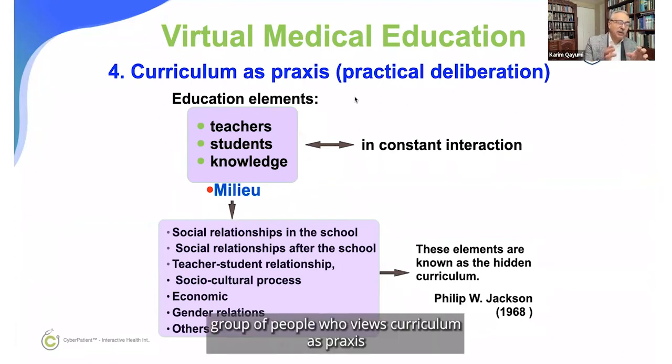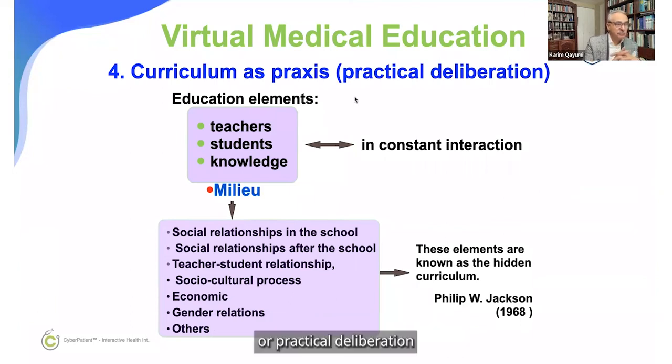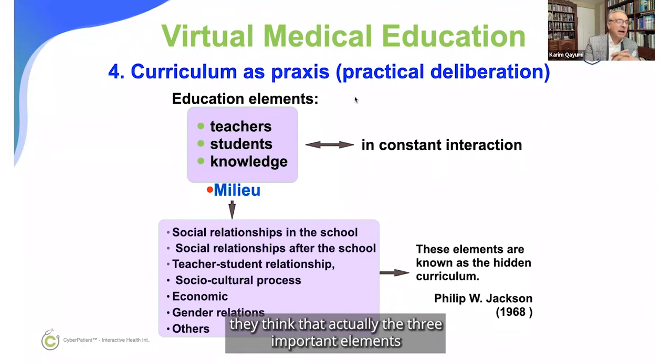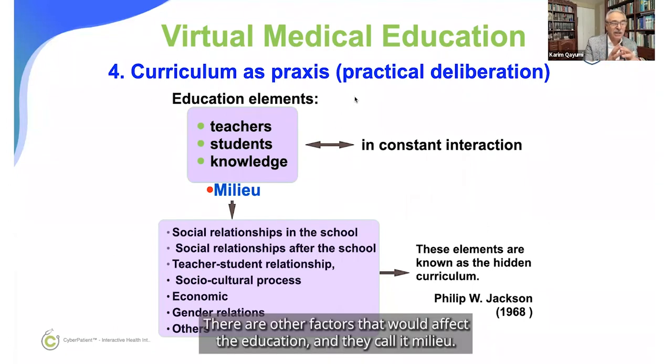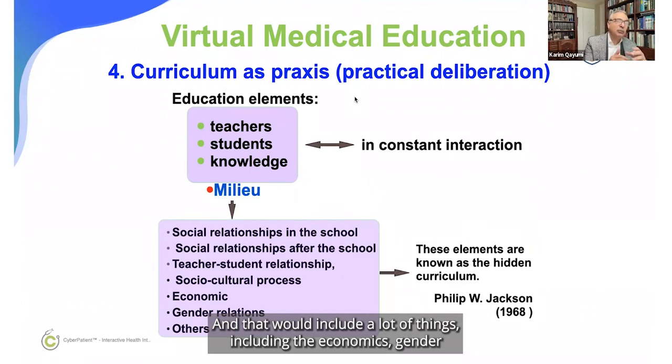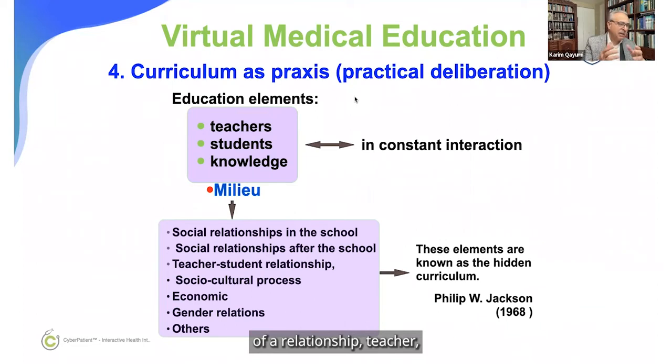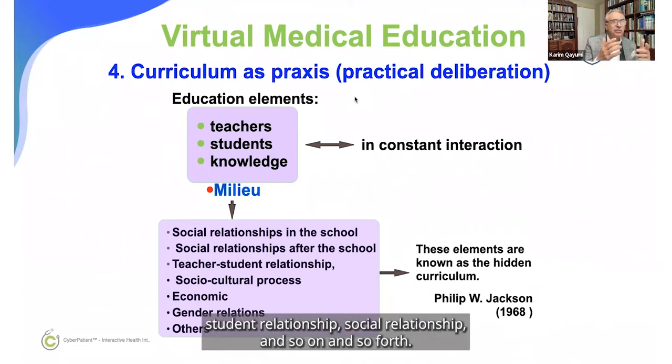The 4th group of people, who view curriculum as praxis or practical deliberation, think that the 3 important elements of teacher, student, and knowledge are not enough for education. There are other factors that would affect education, and they call it milieu. And that would include a lot of things, including economics, gender relationships, teacher-student relationships, social relationships, and so on and so forth.